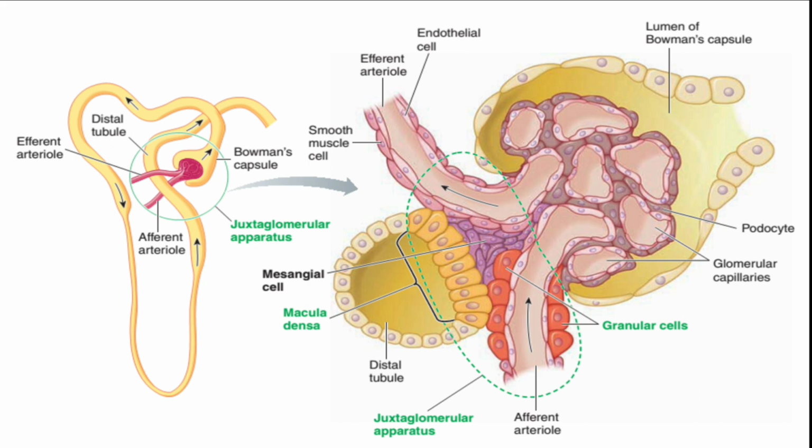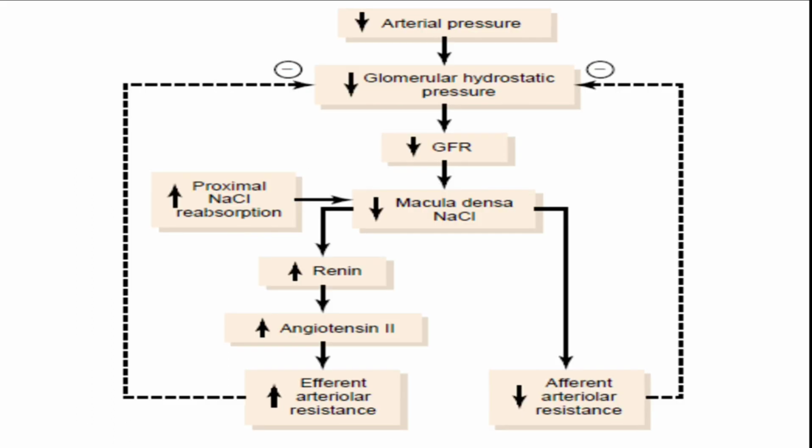Now with the help of this flow chart, I will try to explain how this tubulo-glomerular feedback theory operates. Suppose our arterial blood pressure decreases due to any cause.